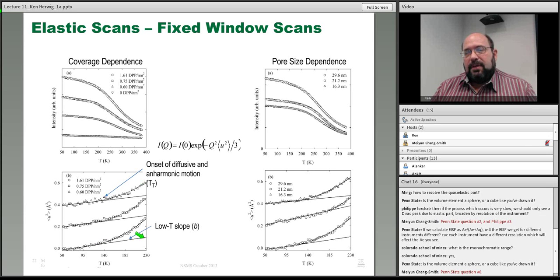The slope is essentially a measure of its breadth. If you have a very, very broad potential, then it doesn't take much temperature for the amplitude of the motion to increase a lot. That's what you're seeing here with the slope. So that's a way to think about these types of measurements.